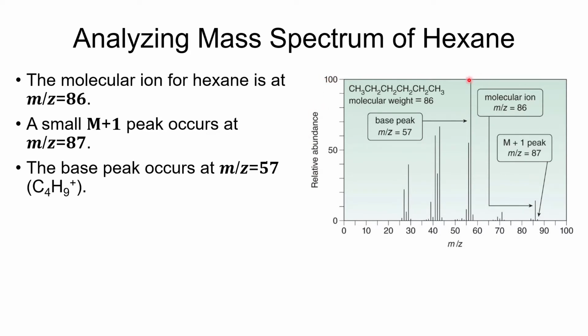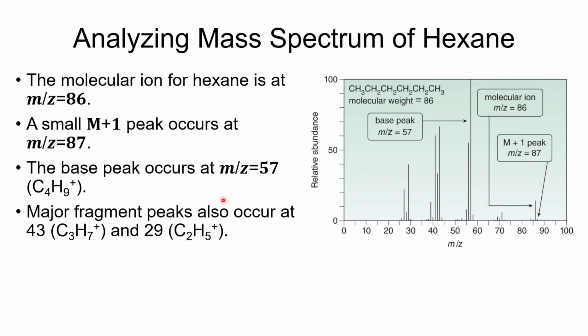If it's the biggest one, it's 100, and it is C4H9 plus, and it comes out to 57. I'll talk about these fragments here in a minute. You'll see every time it loses a carbon and some hydrogens, you'll get a little grouping of ions that show up, and we'll talk about those. So this is with 6 carbons, 5, 4, 3, 2 carbons. Again, we'll go over that here in just a moment.